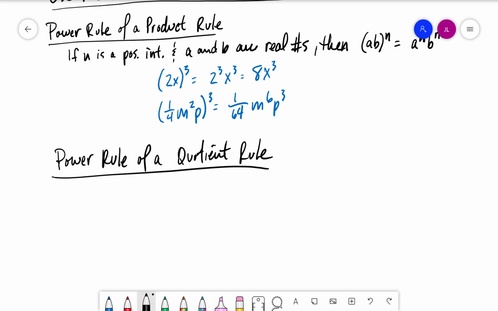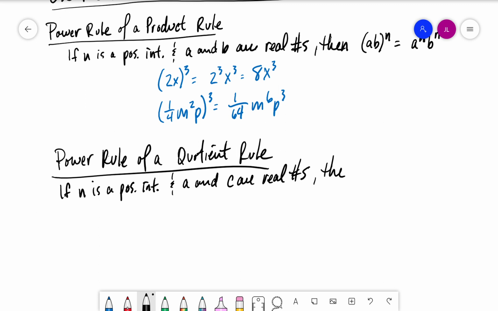So what this is saying, again, is if n is a positive integer, and a and c are real numbers, then a over c, to the n, is equal to a to the n over c to the n.